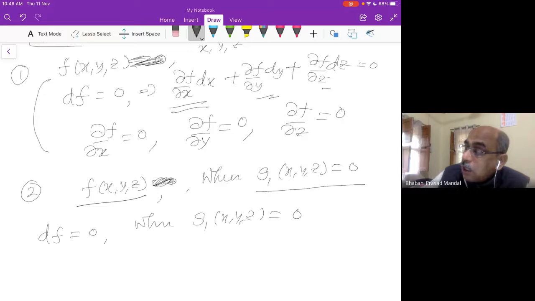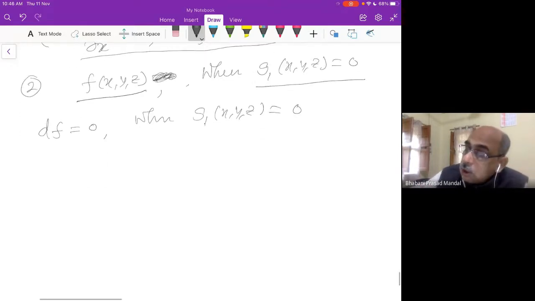But now I will not get these conditions because now x, y, z are not independent. x, y, z are dependent through this relation because this is a constraint. I don't know how to eliminate x in terms of y, y in terms of z, or x in terms of z, but I know that they are related. The explicit relation I cannot find, but they are related.